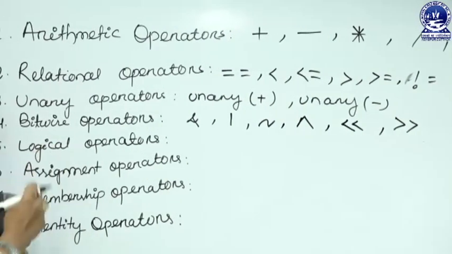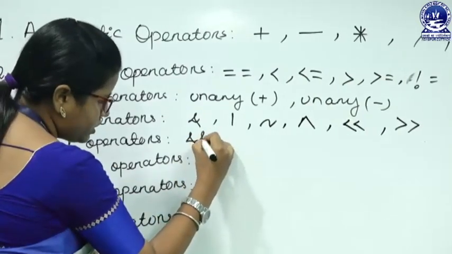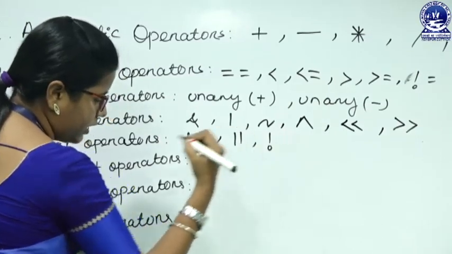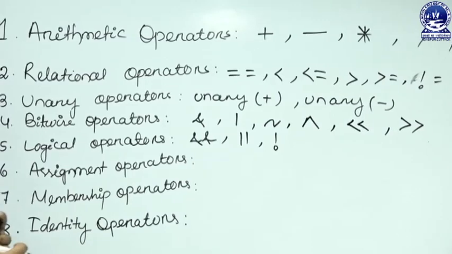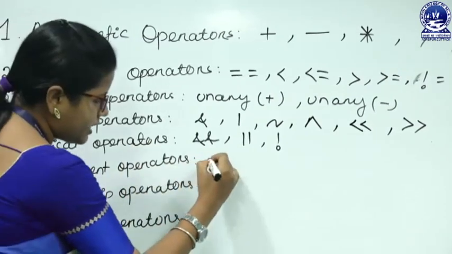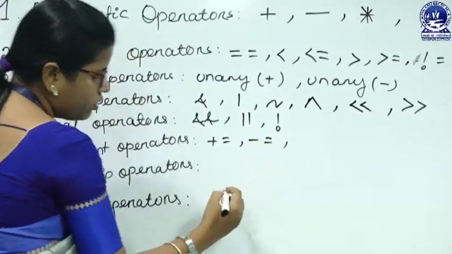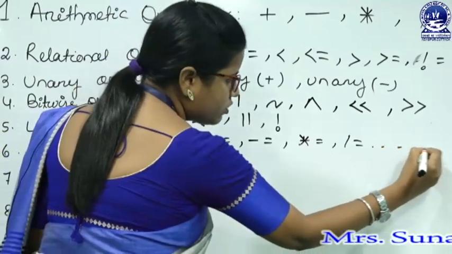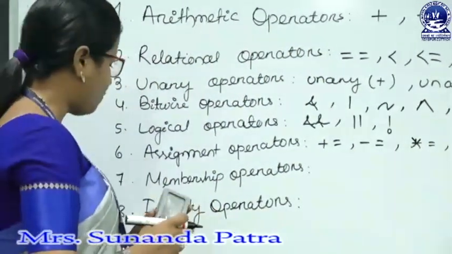Next we have logical operators, and the logical operators are logical and, logical or, and logical not. Next we have assignment operators, and assignment operators are like plus equals to, minus equals to, multiplication equals to, division equals to, and other assignment operators are there also.